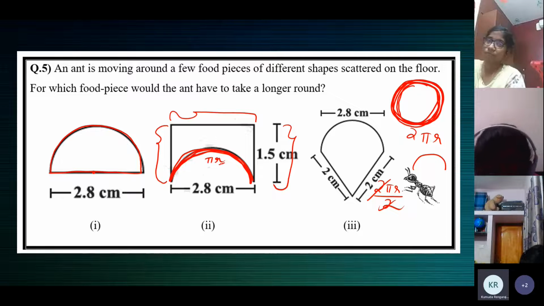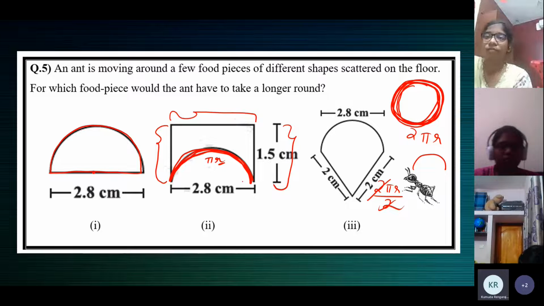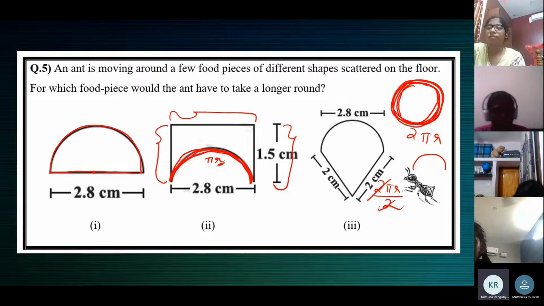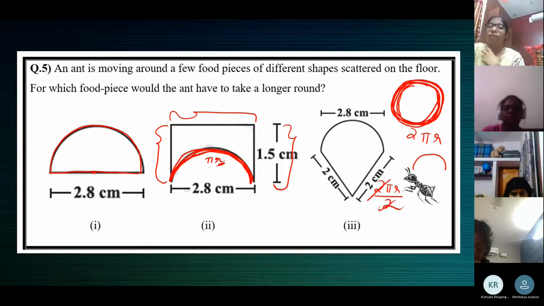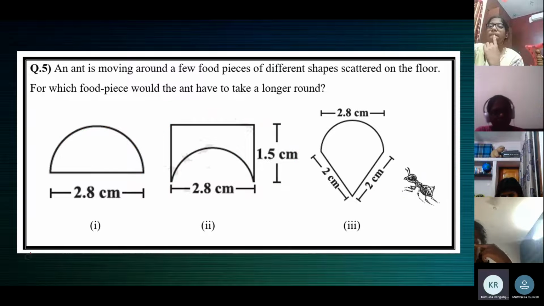And what's the value of r? Somebody's mic is enabled. Please disable your mic. What's the value of r? 1.4. See here, children.